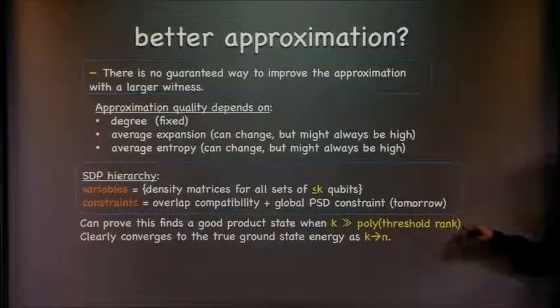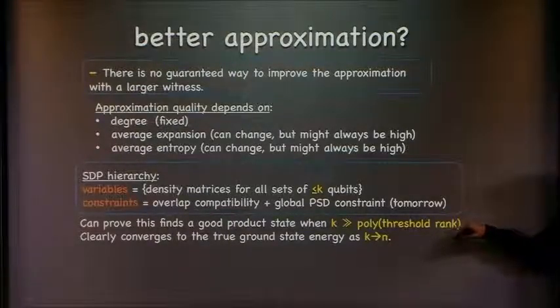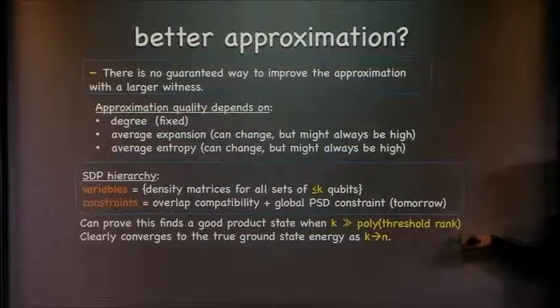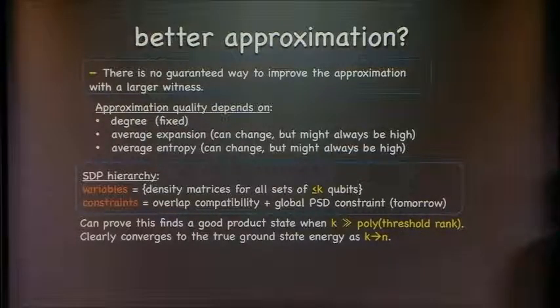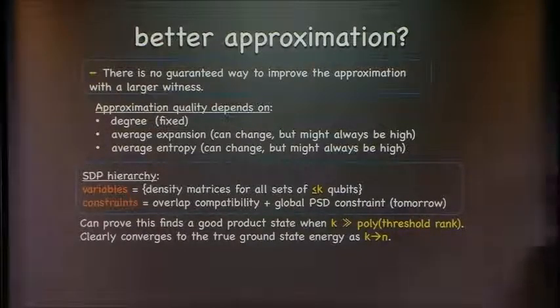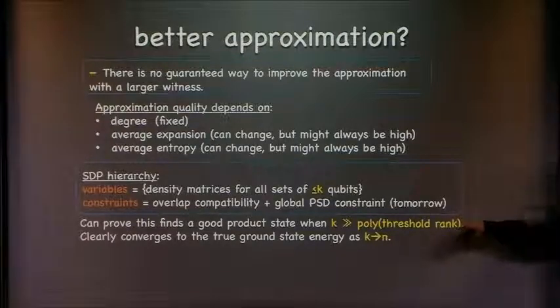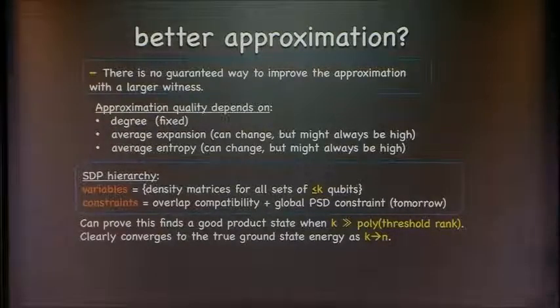So in a different paper by Prasad and his co-authors, I think it was with Boaz Barak and David Steurer, they showed that this works for classical constraint satisfaction problems when k, so k now is a parameter. As you turn it up, you pay exponentially more, but your approximation gets better. And Prasad and his co-authors showed that this works when k is much larger than the threshold rank of the graph.